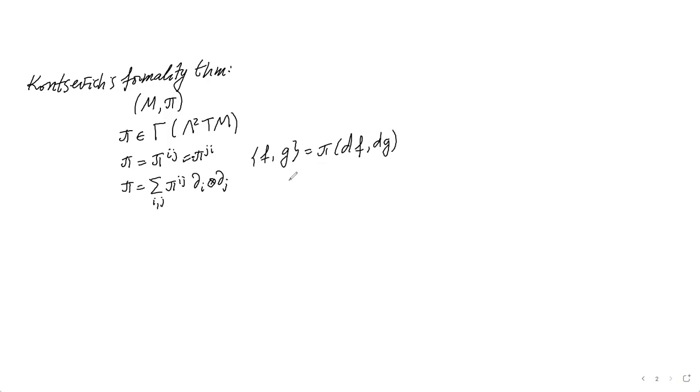So the Poisson bracket is bilinear over scalars. That's clear. It should verify the Leibniz rule. Of course, it is skew-symmetric. That's clear. But the most important condition is that it verifies the Jacobi identity.